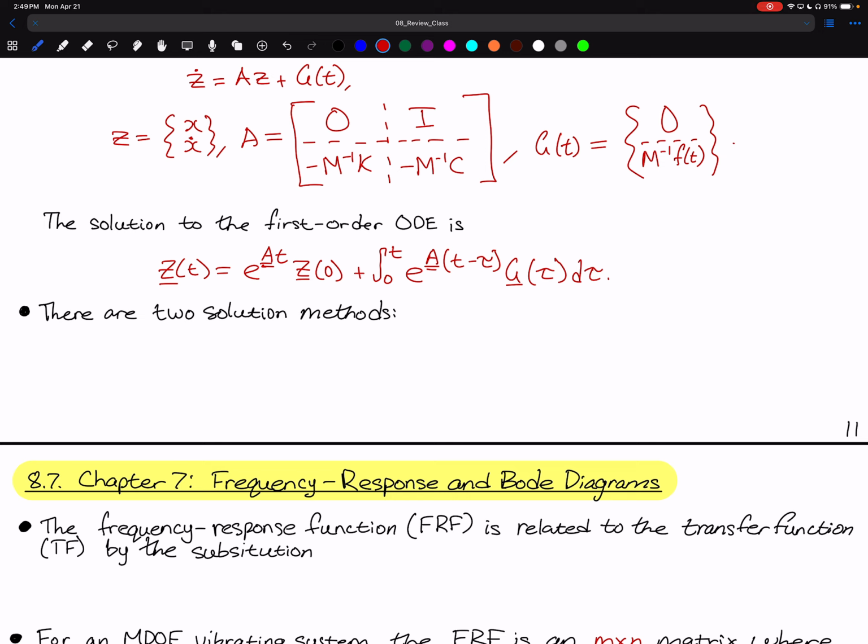All right, we have two solution methods for solving these equations. First is modal analysis using left and right eigenvectors.